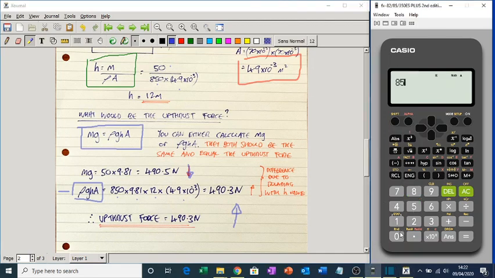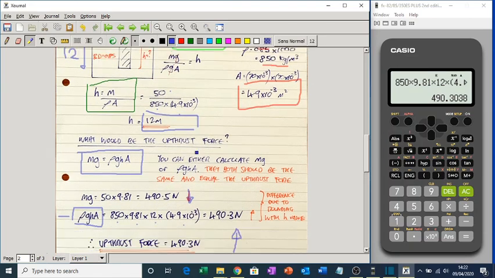So 850 times by 9.81 times by 12 times by all of that, 4.9, gives me 490. So there we are. The upthrust is about 490. Obviously it's slightly out, because if you remember this 12 wasn't exactly 12. So that's the upthrust force on that thing.